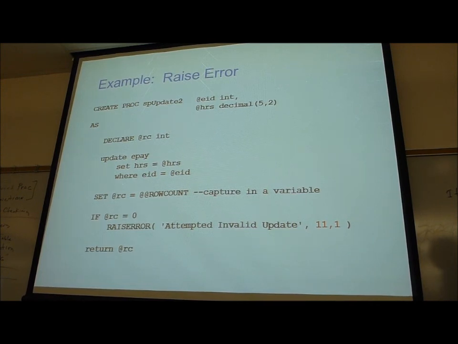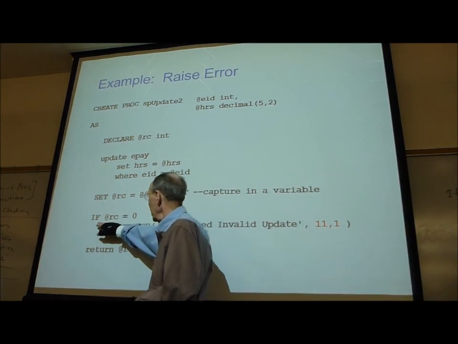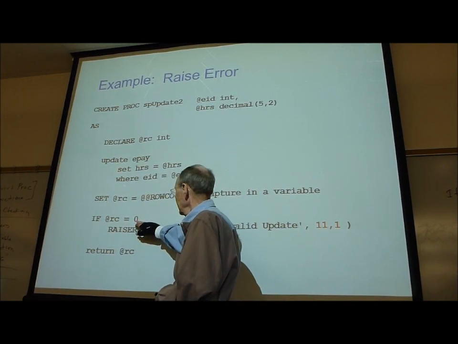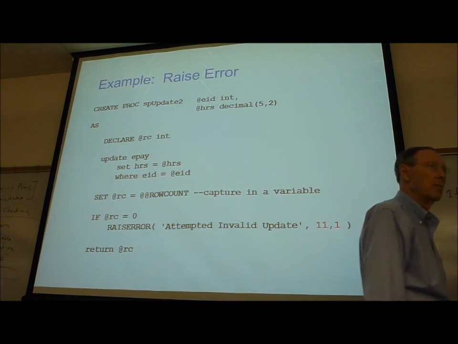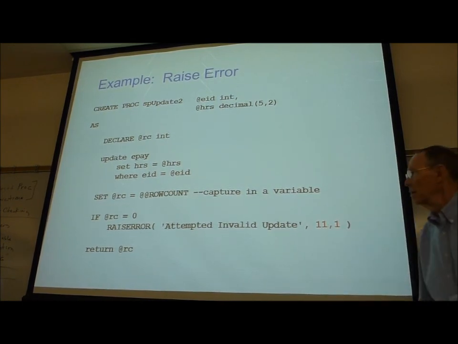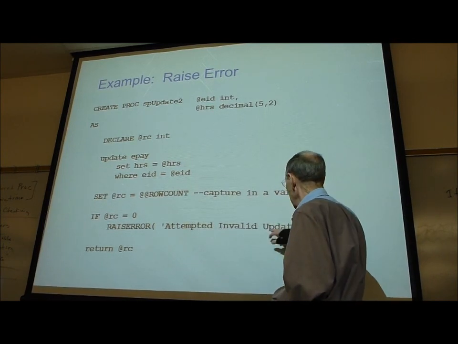Okay. So it's just capturing the results of the last operation. Here, then we check to see if it's 0, which means we didn't get an update, then we'll raise an error. And here's my statement here.